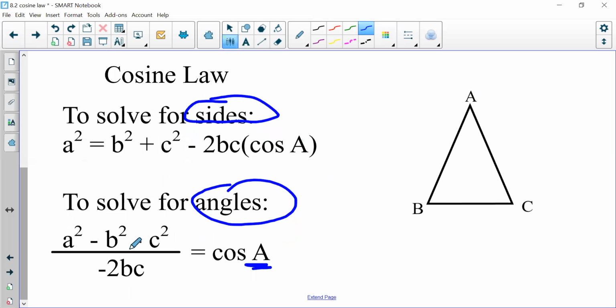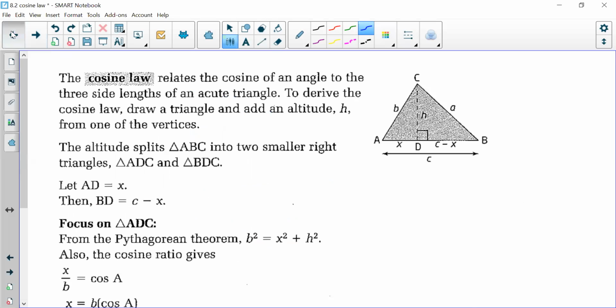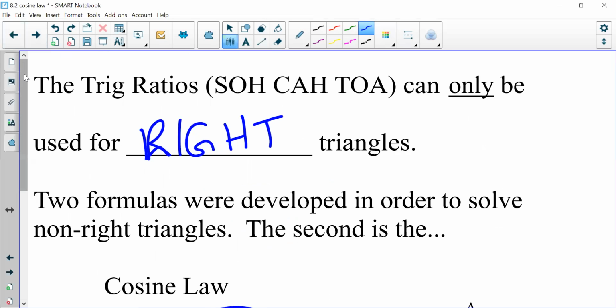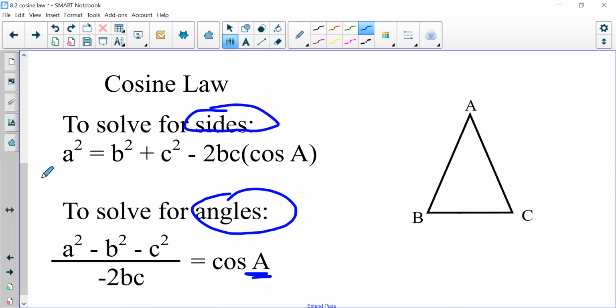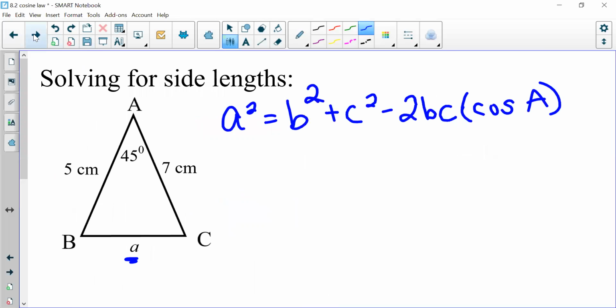Or if I'm solving for an angle, I actually only need all three sides. I don't even need to know any of the angles. But the rule is still the same: angles are capital letters and side lengths are lowercase letters. So you just need to know different information compared to sine law.